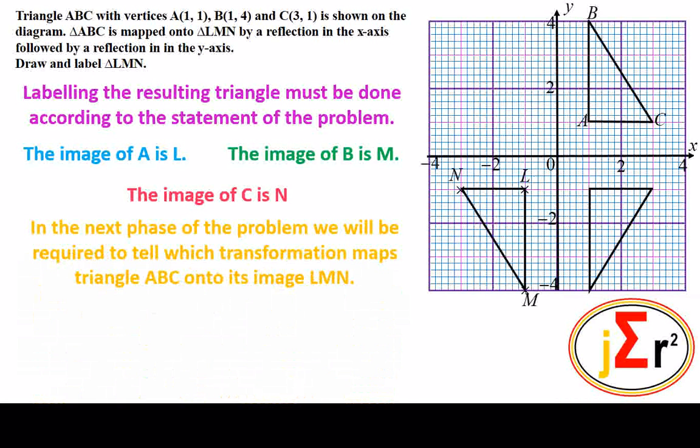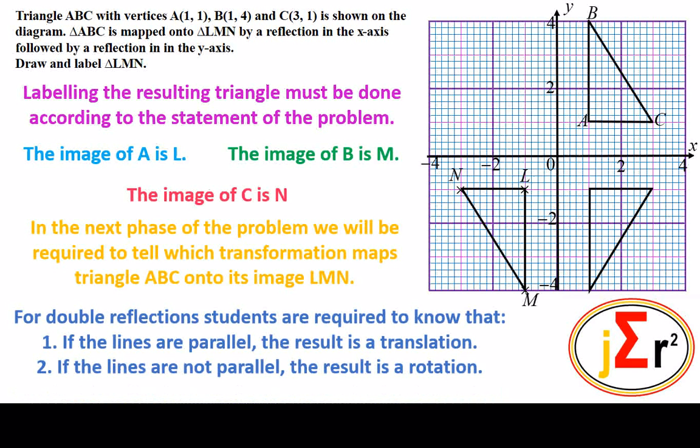In the next phase of the problem, we will be required to tell which transformation maps triangle ABC onto its image LMN. So in the next phase, we will demonstrate how we arrive at our answer, but we need to describe the transformation that maps triangle ABC onto its image LMN.